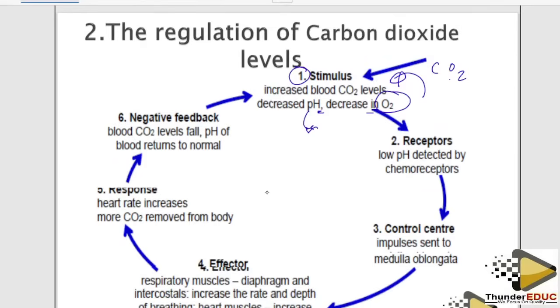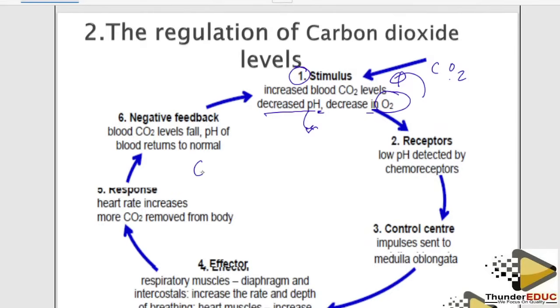sorry guys, I'm just going to use a small bit of chemistry. No one is going to ask you this, but I'm explaining how this low pH came about and how it is linked to carbon dioxide. Why do we need to talk about low pH when talking about carbon dioxide?